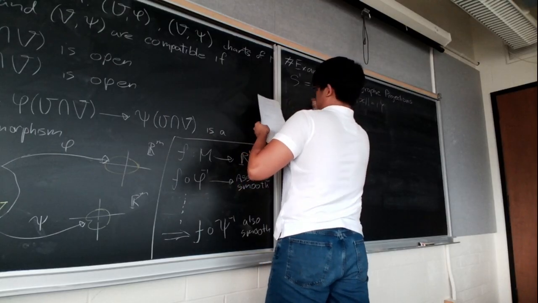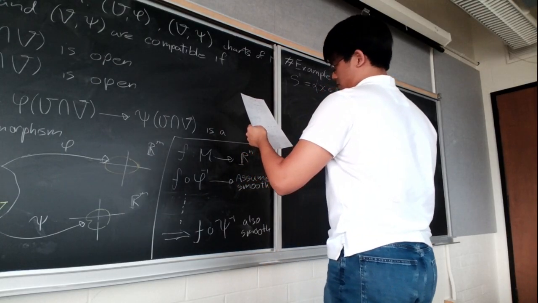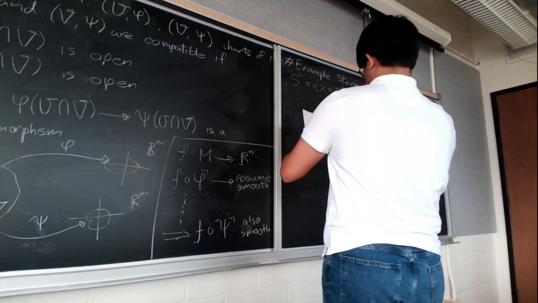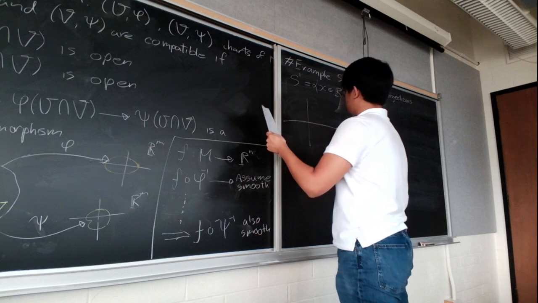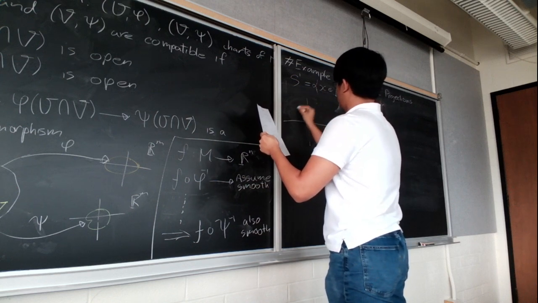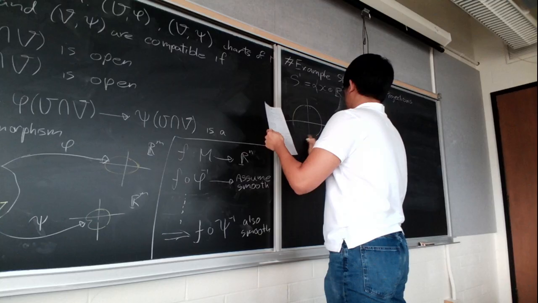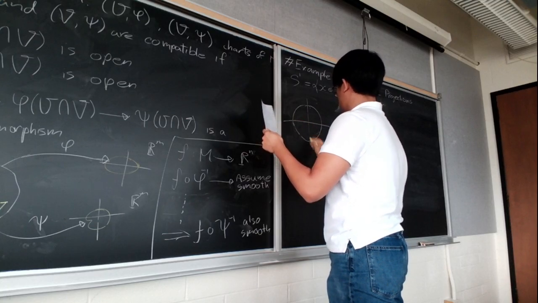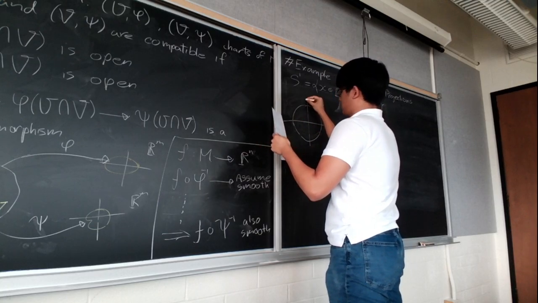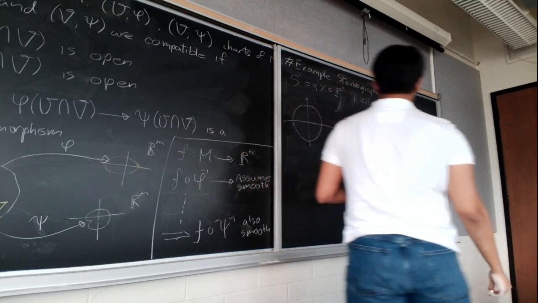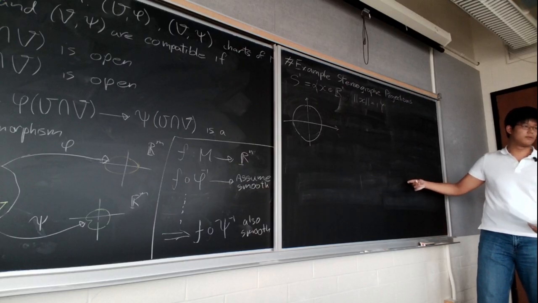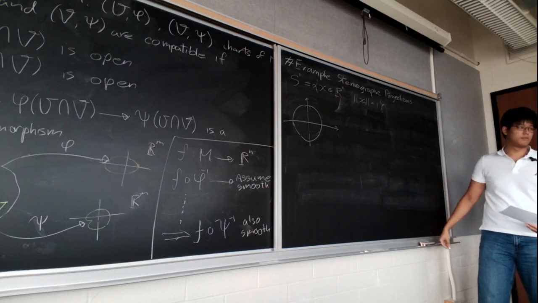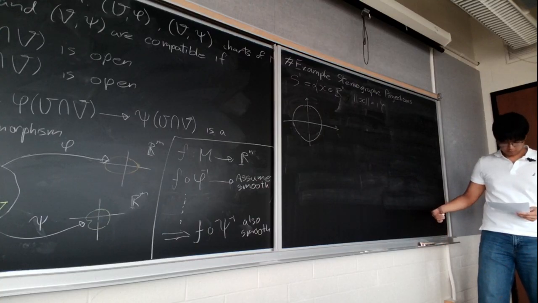We'll draw this thing in. Now what do we want to do? We want to turn this into a manifold, so we want to give it some charts.